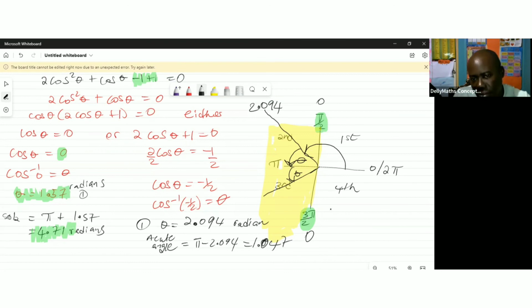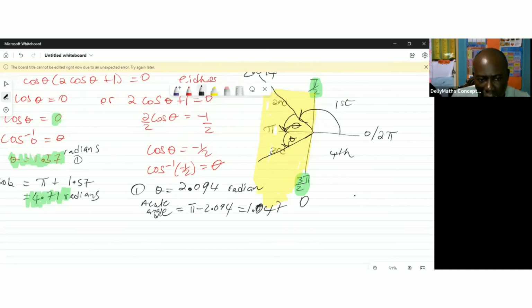So now, the last angle that we need is to add that acute angle to pi, so that we can find the angle in the other section. So we're talking about pi plus 1.047, and this will give us 4.19 radians.